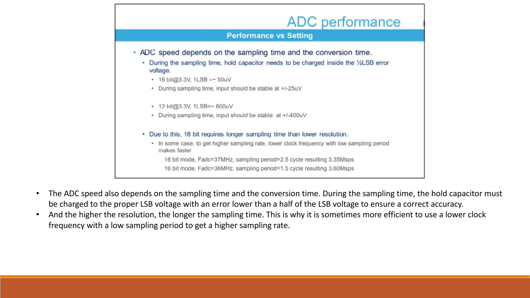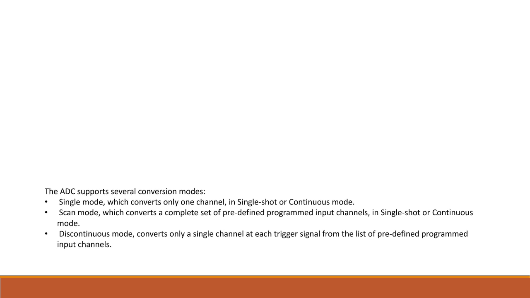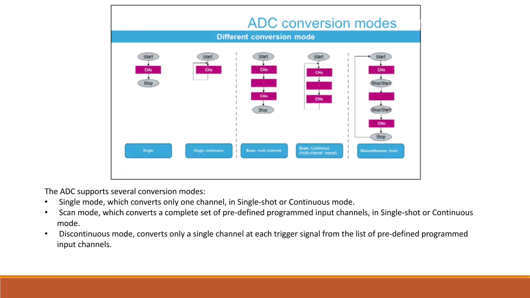Let's see the ADC conversion modes available: single mode, scan mode, and discontinuous mode. Here are the different conversion modes, where you can see start CHX, stop, start CHX, single and single continuous, multi-channel continuous, repeat also.